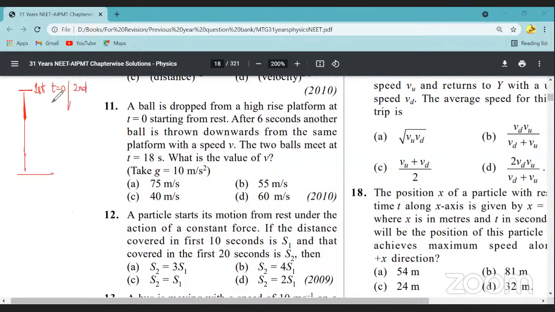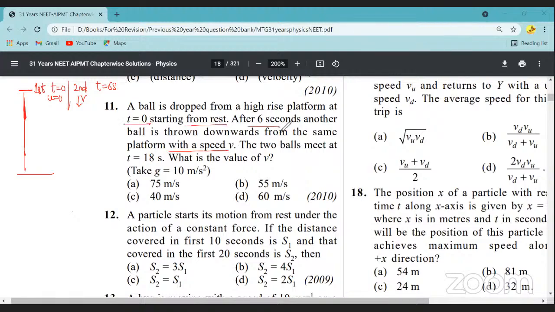Second ball is not dropped, it is thrown. So for the first ball u is 0. For the second ball it's v. And time is how much? 6 seconds. First ball dropped at t equal to 0. Second ball thrown at t equal to 6 seconds. First ball's initial velocity is 0. Second ball's initial velocity is v. Okay, done.